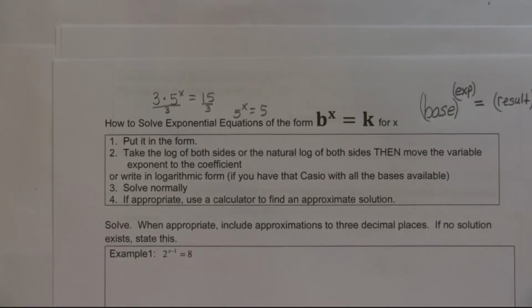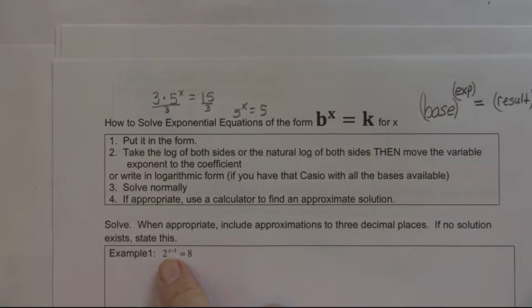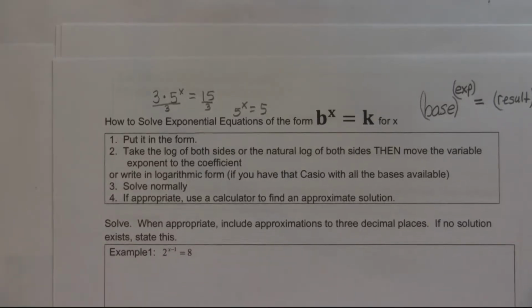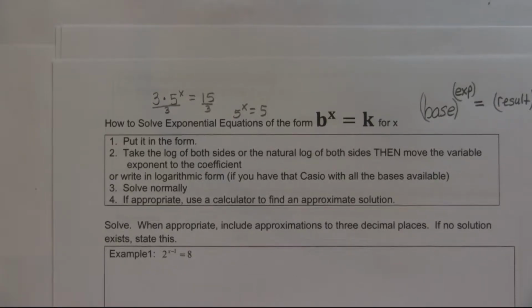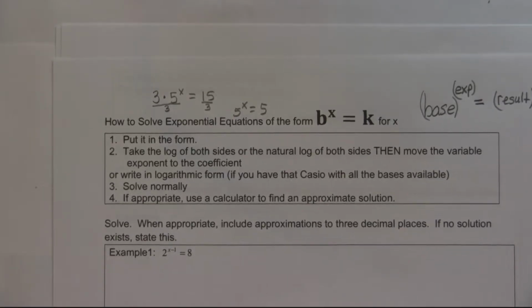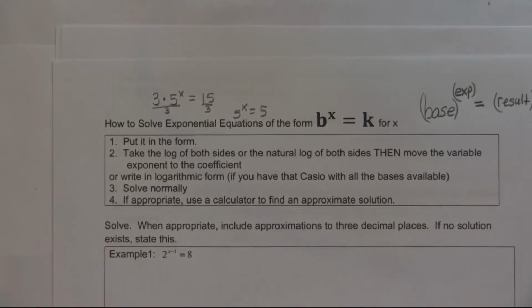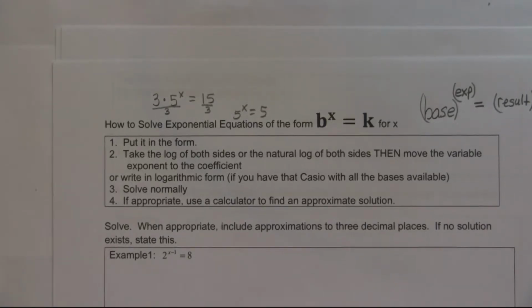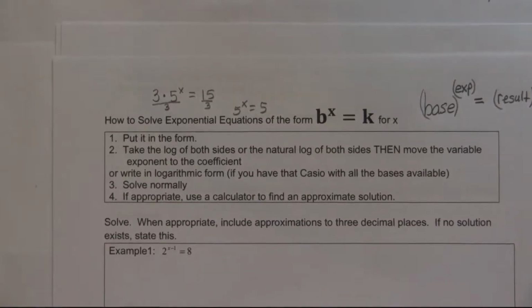There are 2 ways you can handle it. If your calculator doesn't do base 2, which this problem is going to have, then after putting it in log form you can take the log of both sides, or the natural log of both sides. I'll show you that. This is for people who don't have a calculator that will do base 2, so that will do any base.